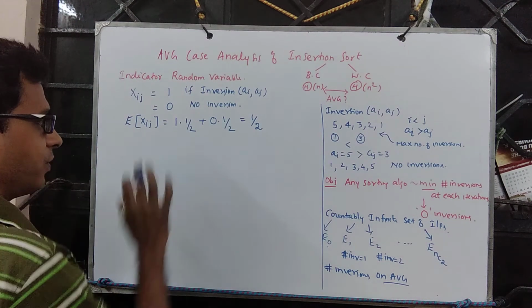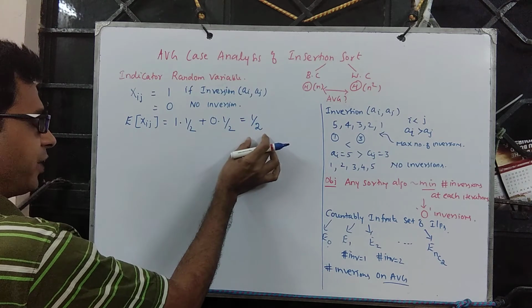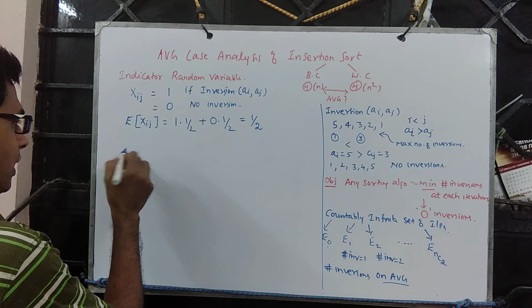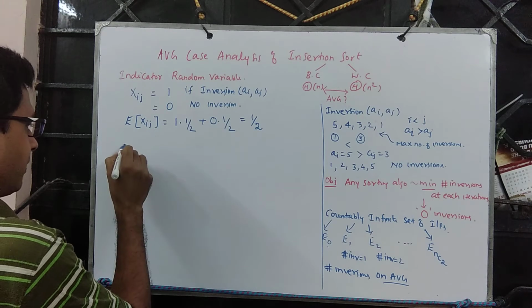Now this we know, with 0.5 we get to see the inversion. But this is just one ij.